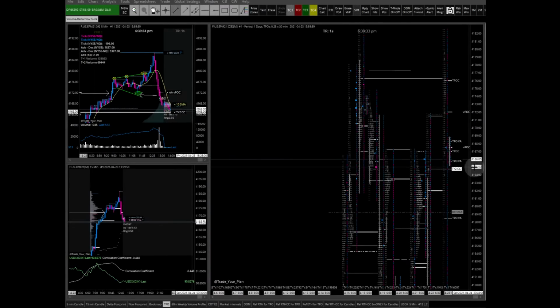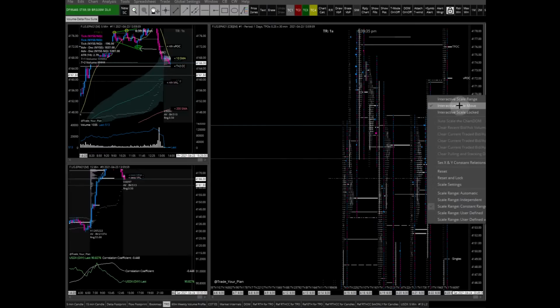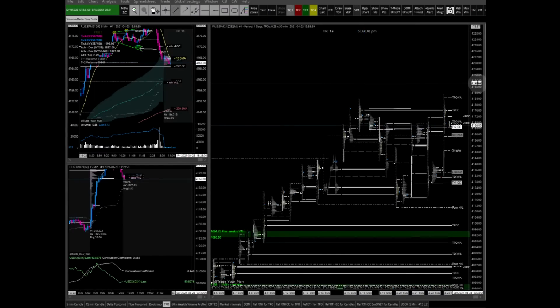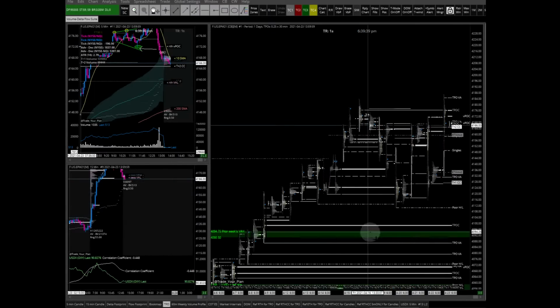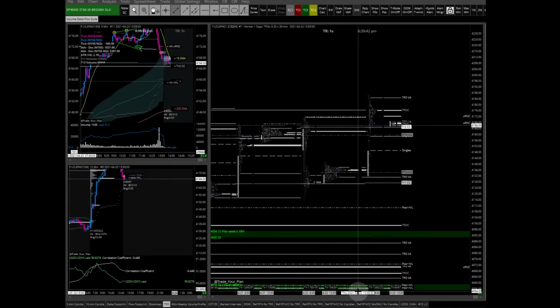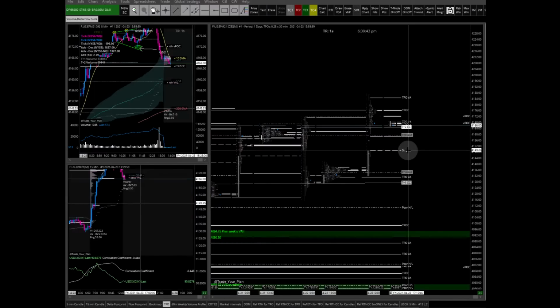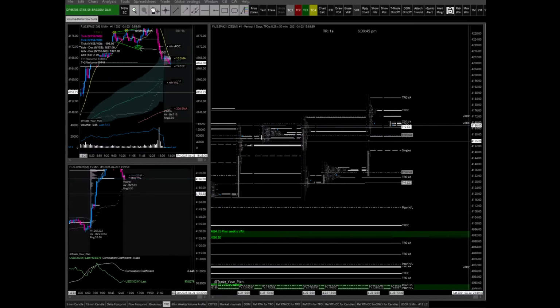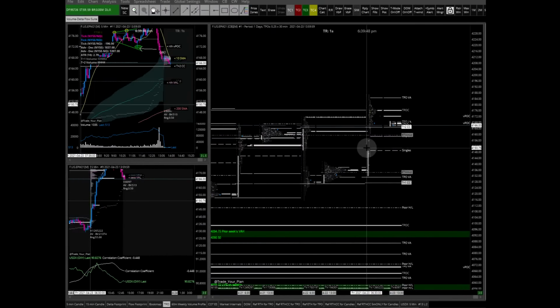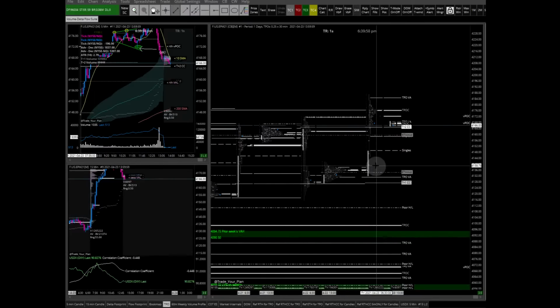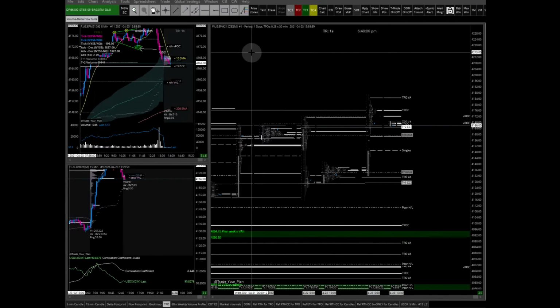Right here. Yeah, so we have singles down here to 50, 4149s. What does that line up with? That lines up with the 4150 volume point of control on the weekly. So some confluence, singles. So what do you want to be doing?